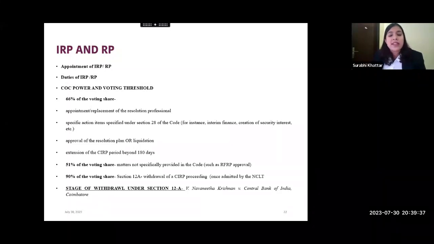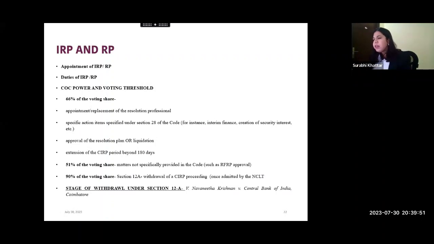If the resolution plans are compliant with the provisions of the code, they will be placed before the committee of creditors, which will review them from the feasibility and viability perspective. If the COC comes to the conclusion by a majority of 66% that the plan is feasible and viable, it will vote in favor of such a plan. Once it is approved by the COC, it will be placed before the NCLT for its approval.